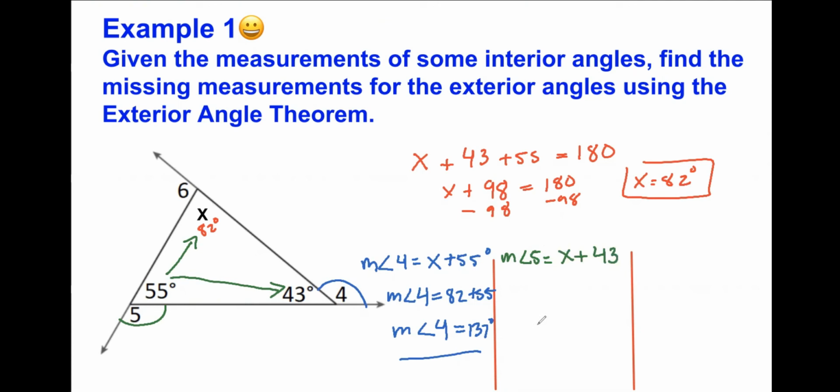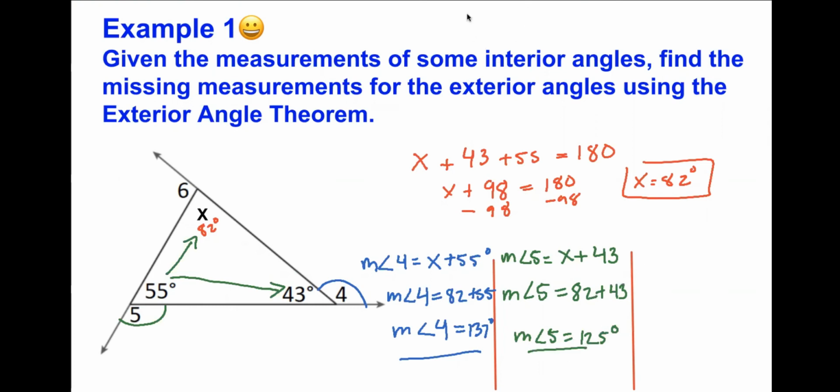It's fast because we know the value of X, so let's substitute that. Measurement of angle 5 equals 82 plus 43, which gives us 125 degrees. Awesome.